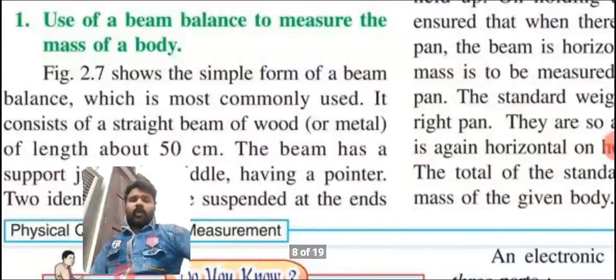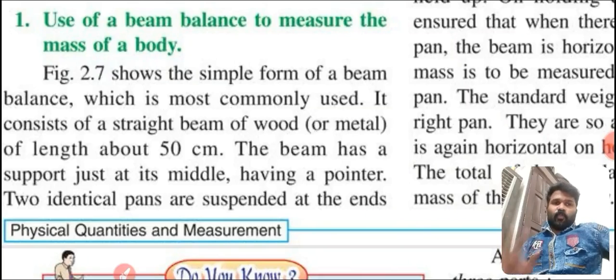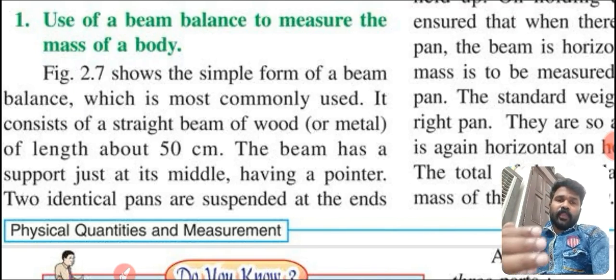Okay students, now we have already seen the diagram of a beam balance, which is most commonly used. It consists of a straight beam of wood that can be made of metal also.